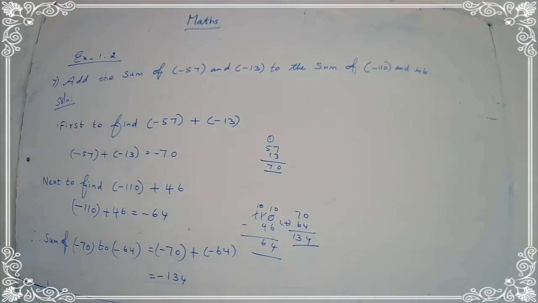Add the sum of minus 57 and minus 13 to the sum of minus 110 and 46.